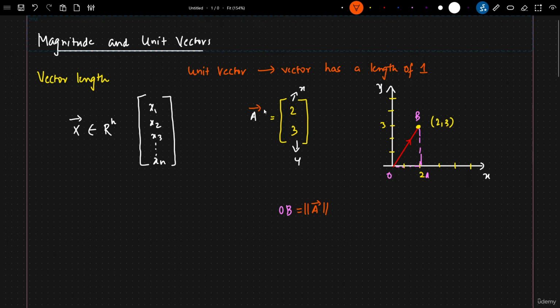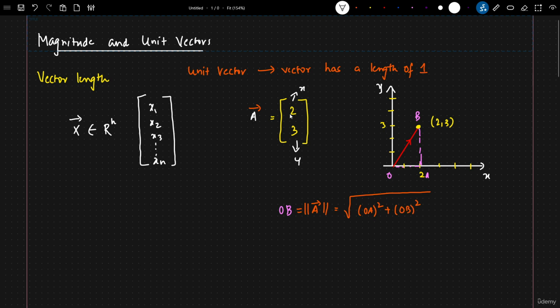So OB will be equal to the square root of, according to the Pythagoras theorem, OA square plus AB square, right?